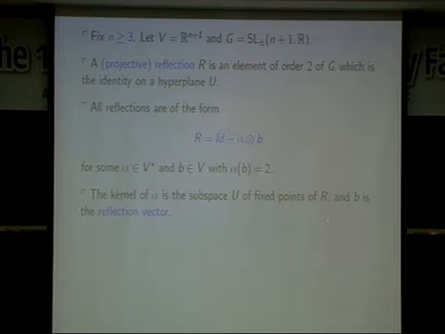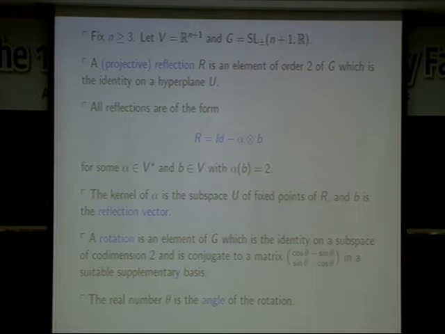And the reflection at b gives Rb equal to b minus 2 times b, so minus b. We call this guy the reflection vector.